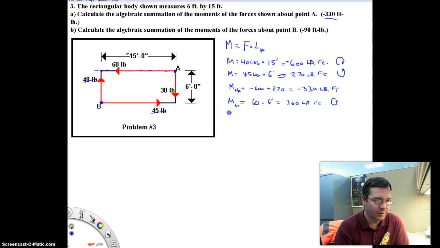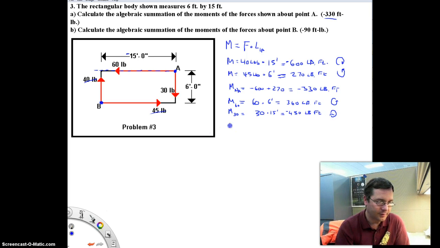The moment created by the 30-pound vector equals 30 pounds times, what's the length of the lever arm? 15 feet, which equals 450 pound-feet. Now let's think about the direction of rotation. That's going to cause a clockwise rotation, which we would express as a negative number. So negative 450, and it's a clockwise moment.